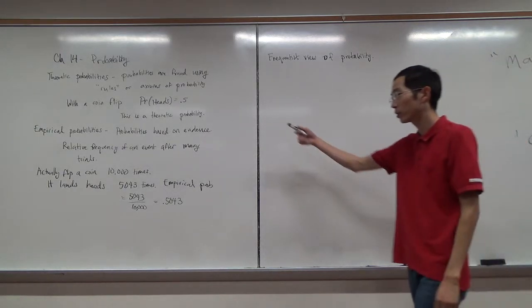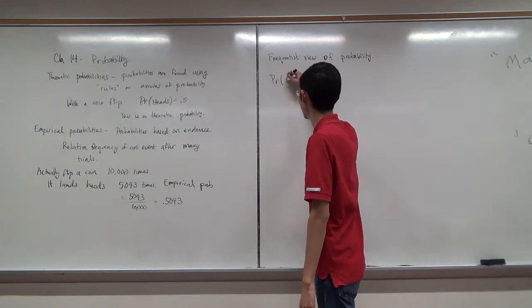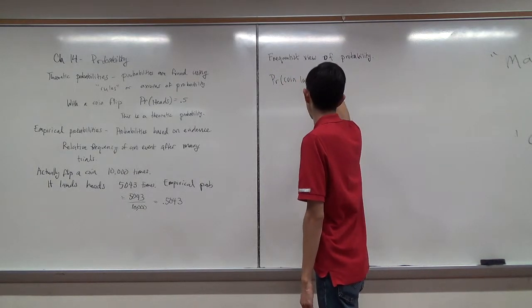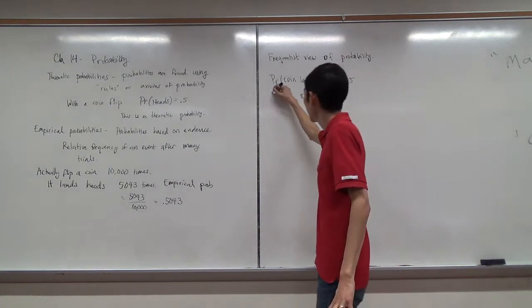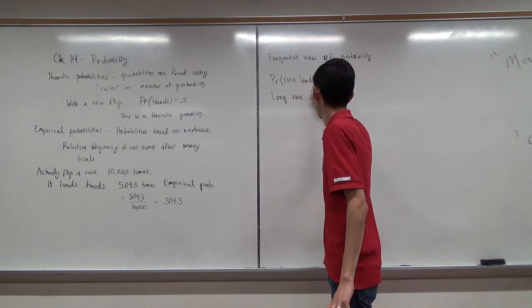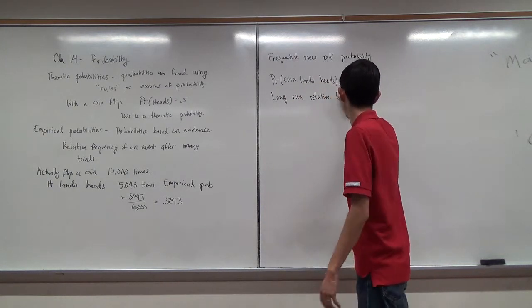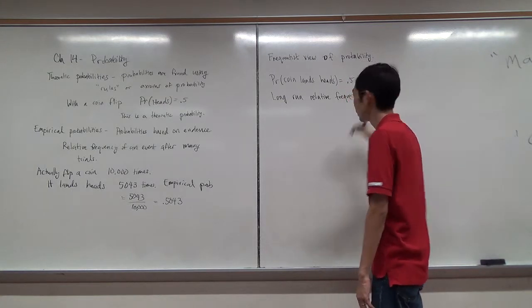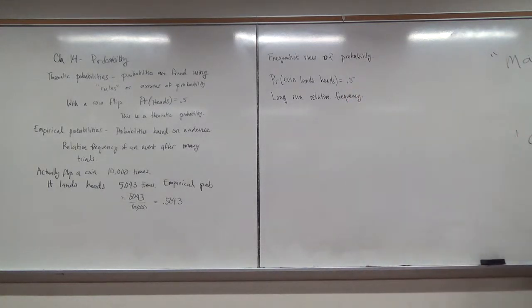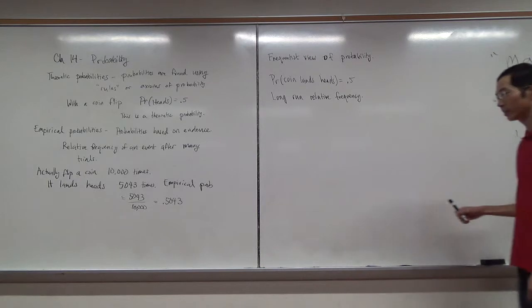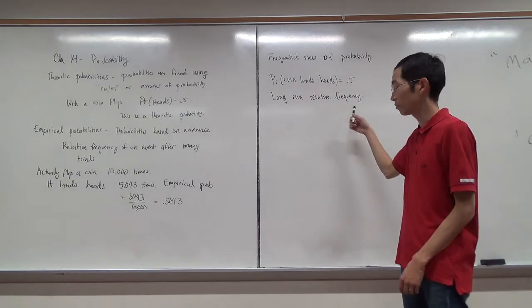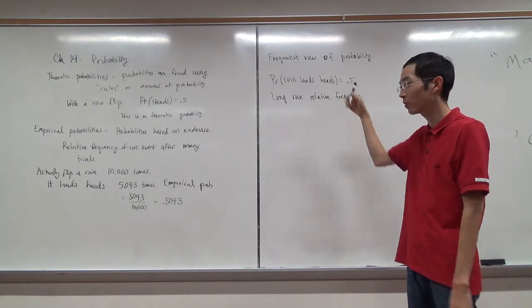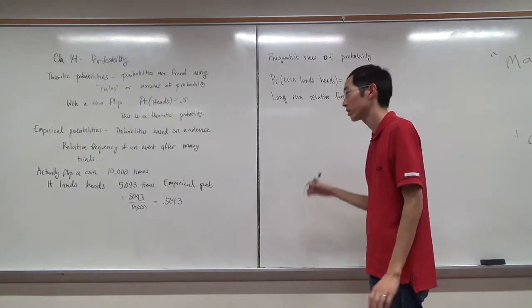So if I say the probability that the coin lands heads is equal to 0.5, that refers to the long run relative frequency. Meaning, if I were to flip the coin an infinite number of times and calculate the relative frequency of how often it lands heads, the relative frequency will be 0.5 after an infinite number of trials.